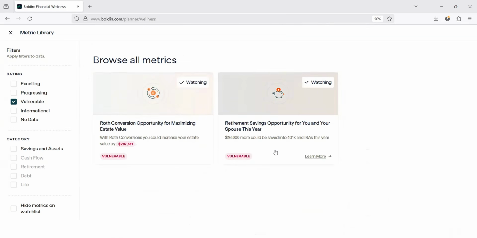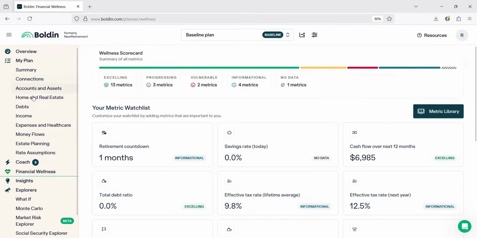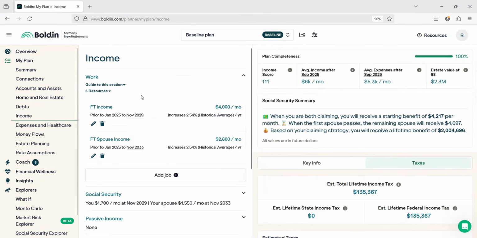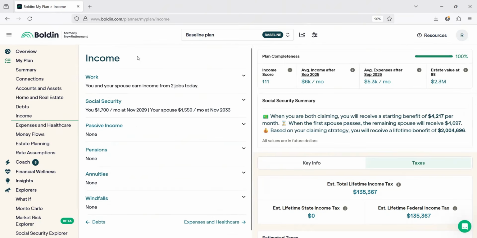It's telling you that you could save more money. So they're saying, hey, if you're still working, you should be contributing more into your accounts. And remember, when I added more earned income, I didn't have any contributions going in. So that obviously helps you with your taxes, gives you more money later on.